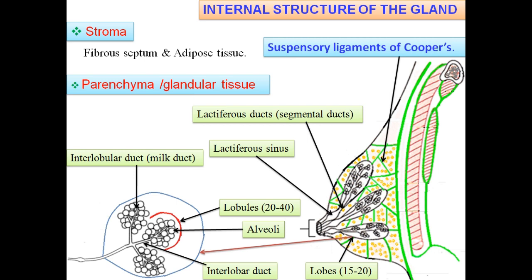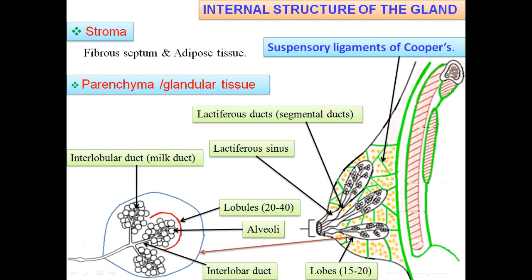The parenchyma consists of 15 to 20 glandular lobes. Each lobe is composed of small structures called lobules.